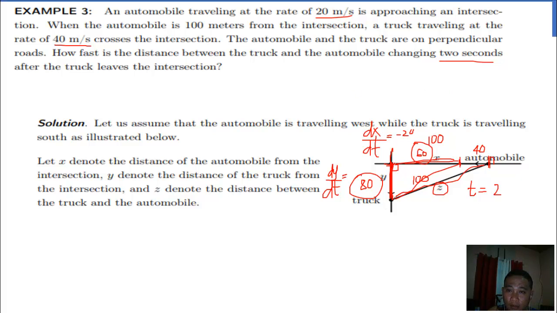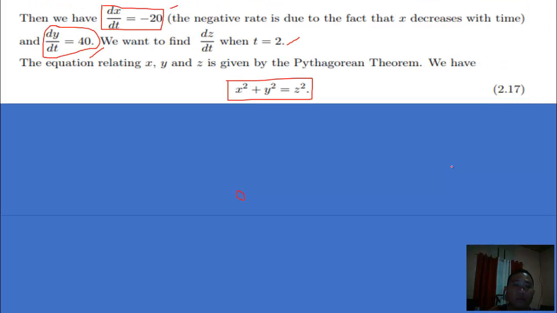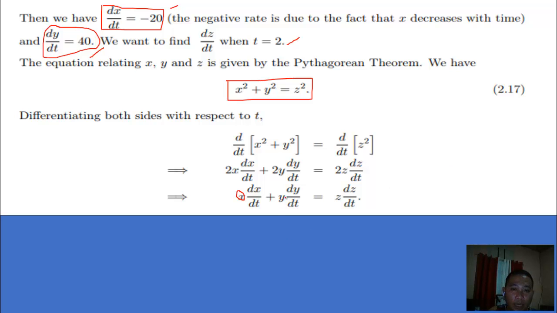Which is 60. Kasi dito na siya after 2 seconds man. Yung y is 80. Yung z is 100. O, ayan. Meron na tayong value. X is 60. Y is 80. And z is 100. Tama ba ako? Yes, tama ako. And dx over dt is negative 20. And dy over dt is 40. Now we can solve the dz over dt.